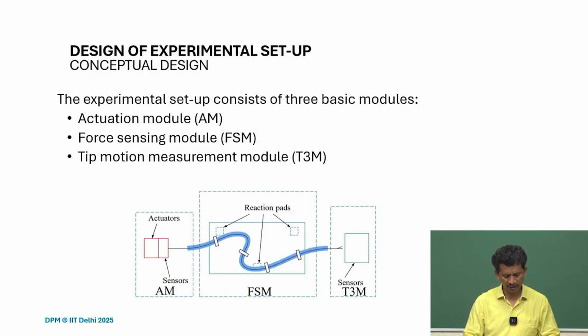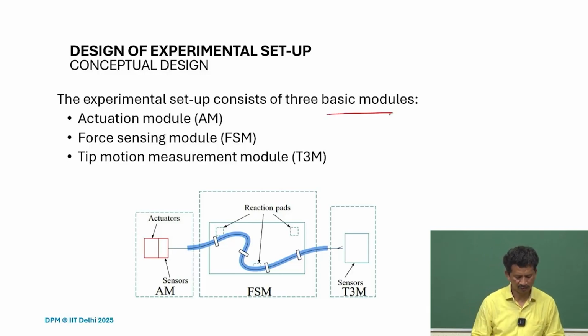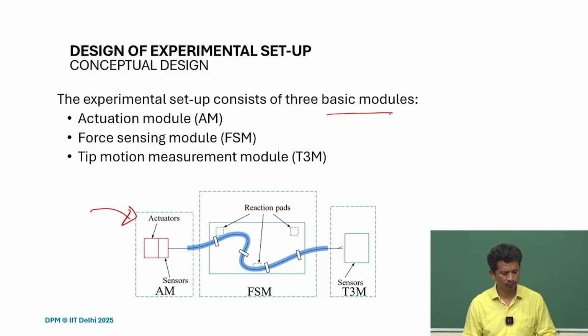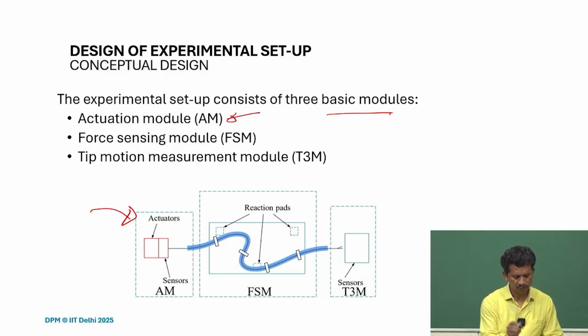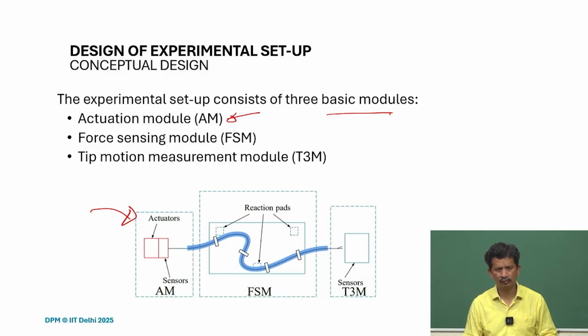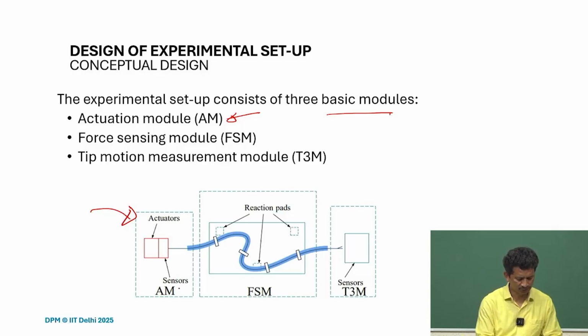So we started with the conceptual design, and first tried to visualize what kind of setup is required and what the different modules are. Depending on our requirement, we came up with 3 modules. One is the actuation module, which provides the input motion to the instrument, and of course it will have the sensors and encoders built in.